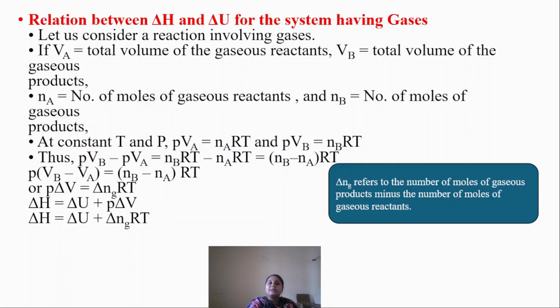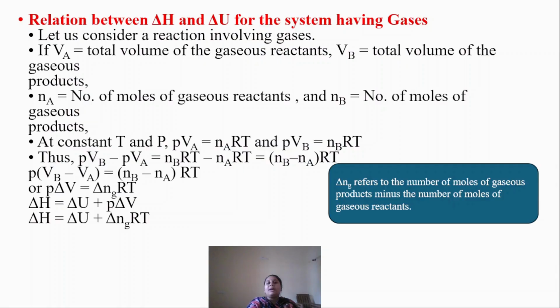Let us consider a reaction involving gases. If VA is the total volume of the gaseous reactants and VB is the total volume of the gaseous products, nA is the number of moles of gaseous reactants and nB is the number of moles of gaseous products, then at constant temperature and pressure, PVA is equal to nART and PVB is equal to nBRT.